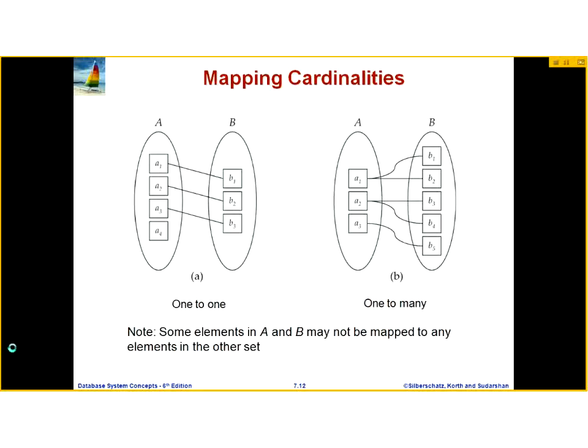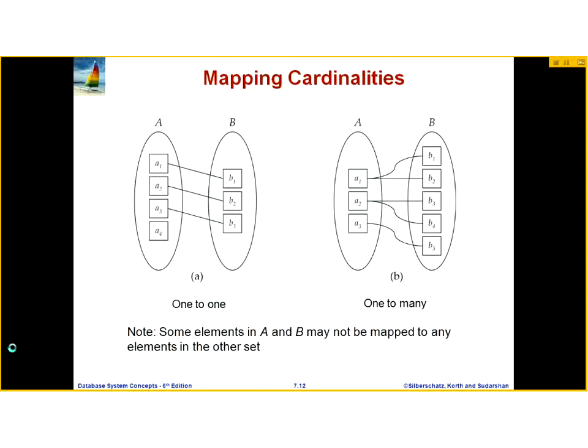So here you can see when one entity in entity set A is mapping to only one in entity set B, this is a one-to-one relationship. Then the next one is showing one-to-many, where one entity in entity set A is mapped to two or more entities in entity set B.